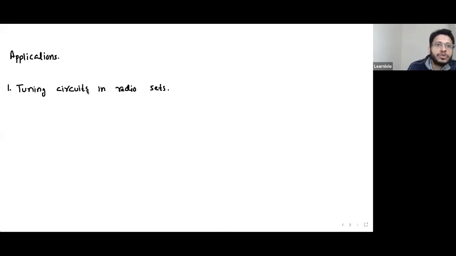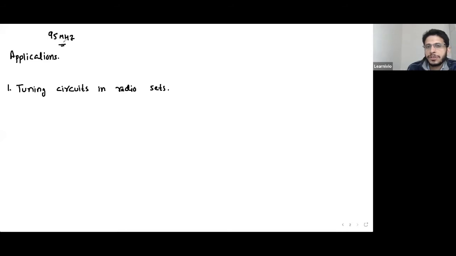Okay. So those tuning circuits are basically the LCR circuit, and just by shifting the knob, you are shifting the resonance frequency. Say a particular radio station is at a frequency of 95 megahertz.